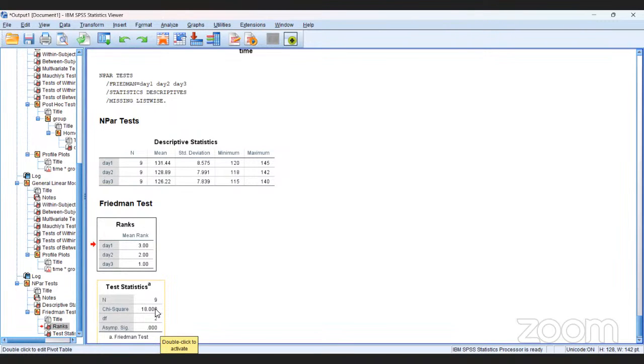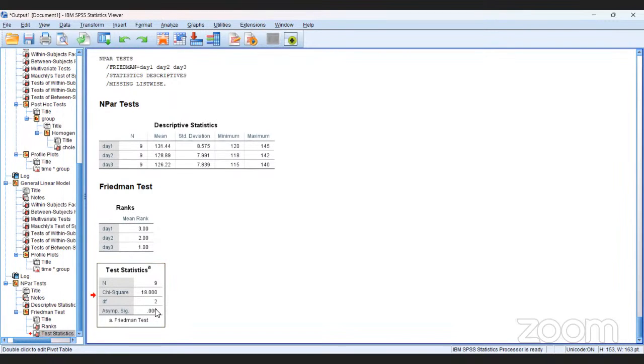So in the early study, we have already noted there is a significant difference in cholesterol level, and by using the repeated ANOVA, here also we have observed the three groups and the change in the cholesterol level. Okay. And this is significant.